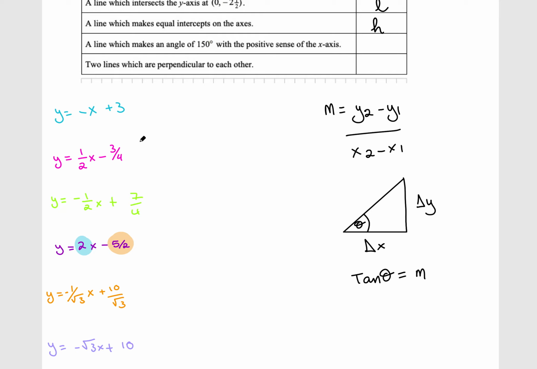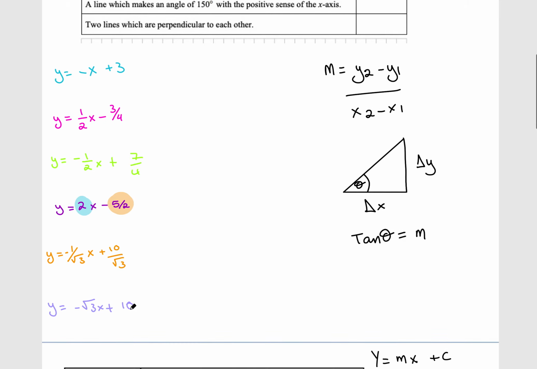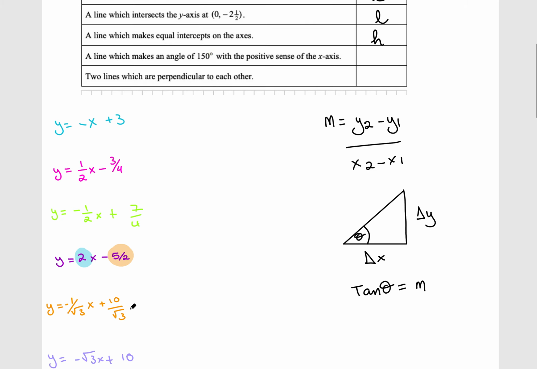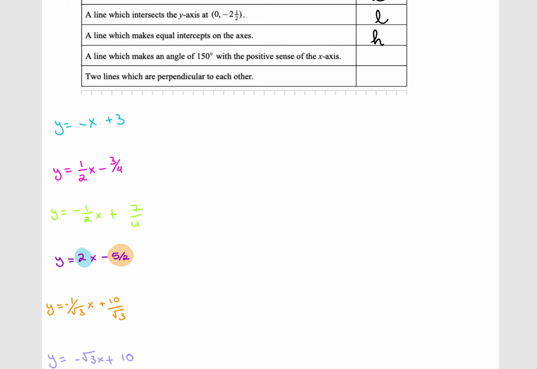So if we can analyze each of these for tan of the angle equal to the slope, and figure out which one will give us 150, that's what we need to figure out. So remember that tan of the angle is linked to the slope. So let's take a look. If I do this one, my slope is equal to -1.